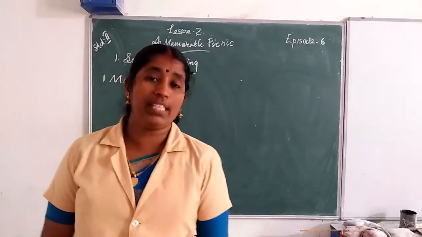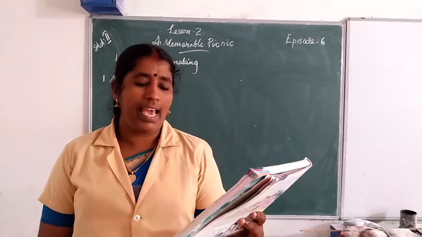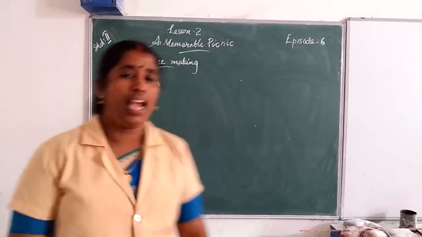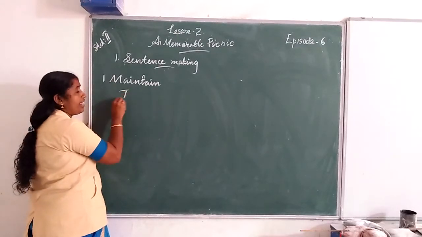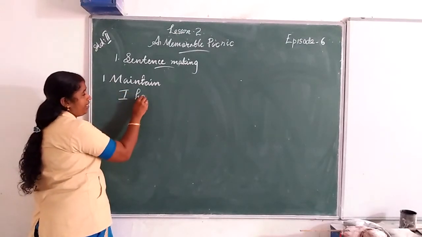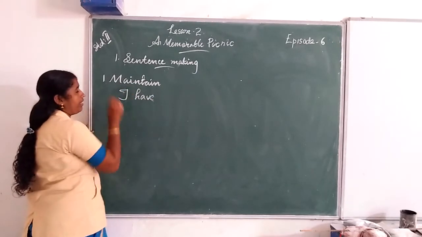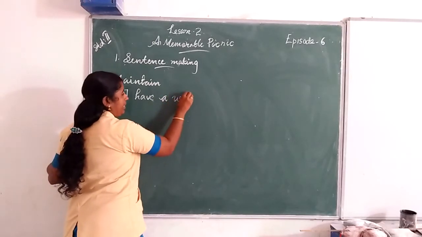We can make a sentence using the word maintain, and the sentence is, I have a well-maintained garden. Write in the text: I-H-A-V-E, have. I have a well-maintained garden.